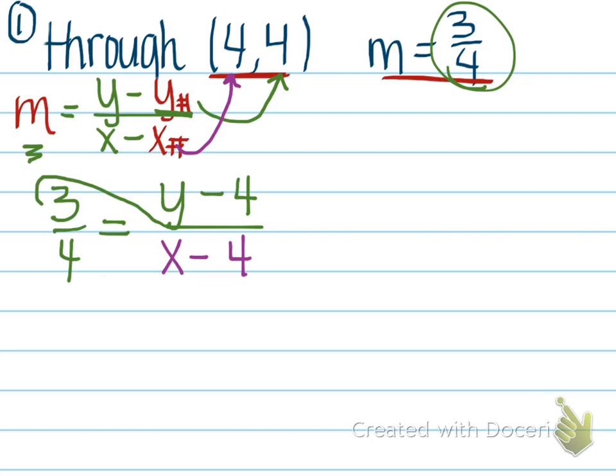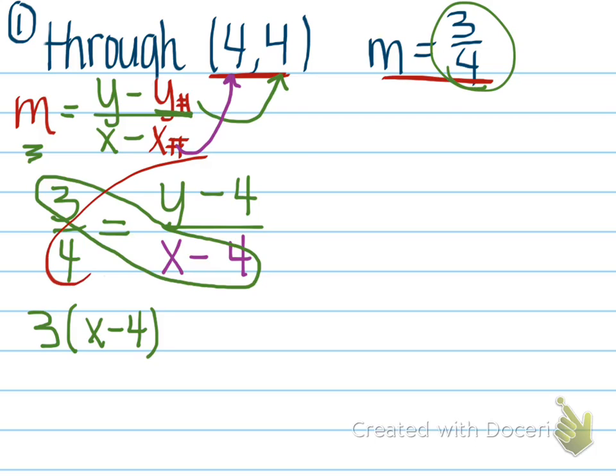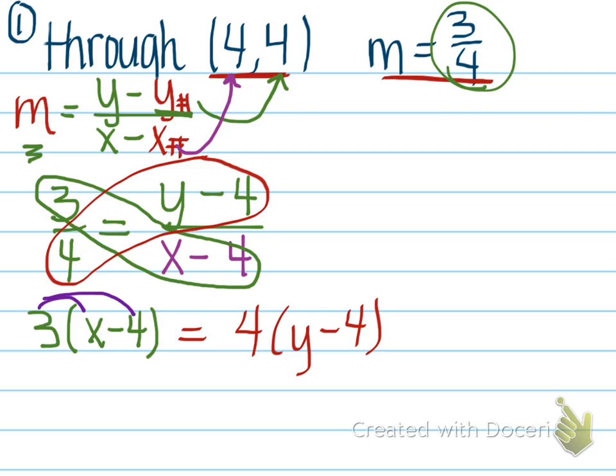So we're going to take the 3 times this whole side, and we have to actually write that down. 3 times x minus 4, and then the other cross, 4 times y minus 4, and we set those equal to each other.